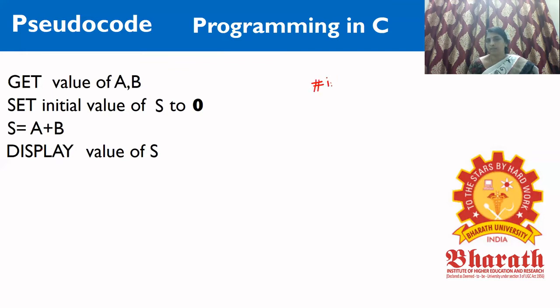First one is to include the header files. So include stdio.h. Then we need to have the main function in order to operate on the process. So main function is very important.